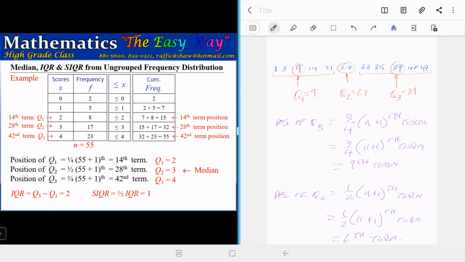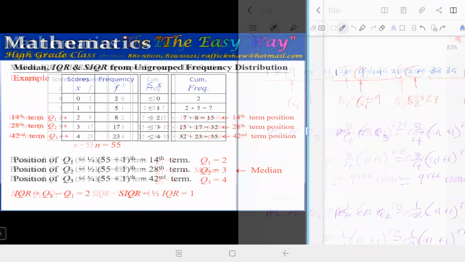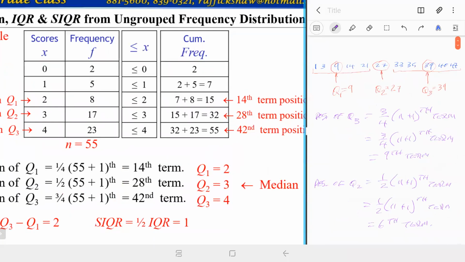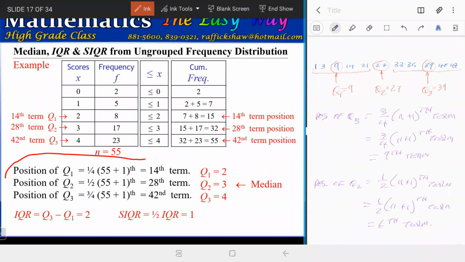When the data is ungrouped, you calculate the quartiles by using the formula for the position of the quartile, which are these that I'm putting in a block. And then you go on the table and find which value is in that position. And that's how we get the quartile.